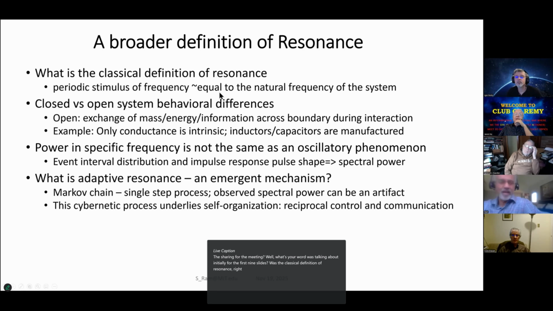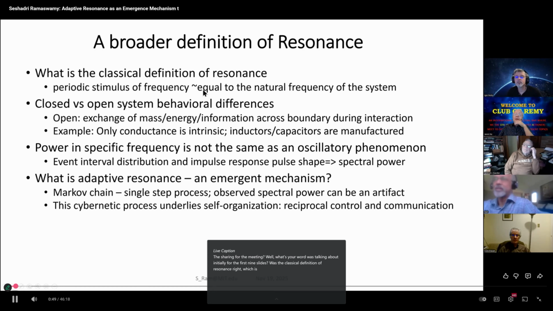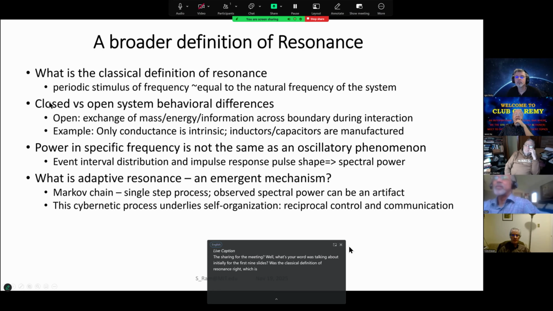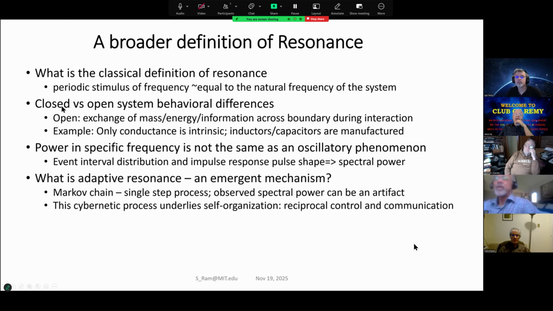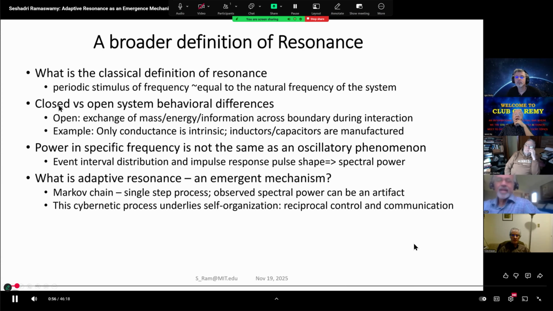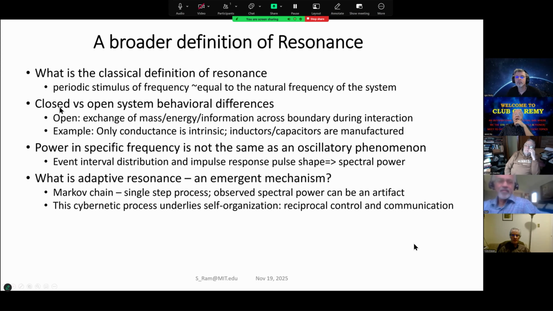That's the classical definition of resonance, right? But that applies primarily to a closed system which does not exchange matter or information with the outside, and it only receives some kind of external forcing energy input.